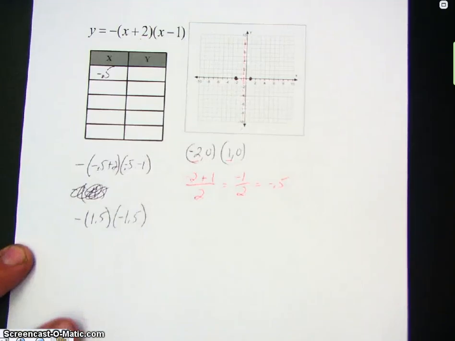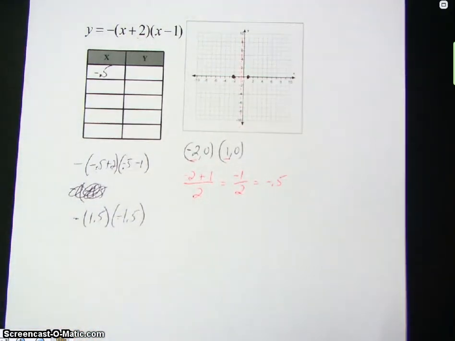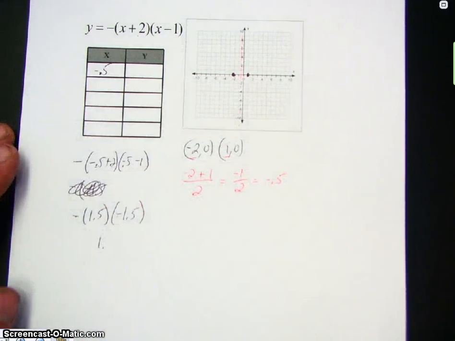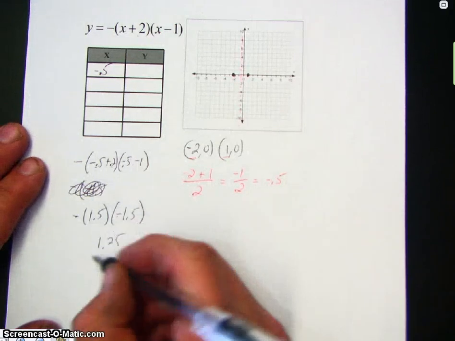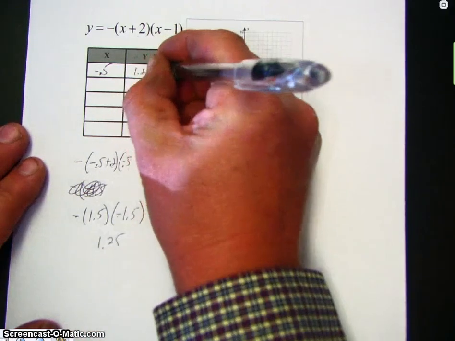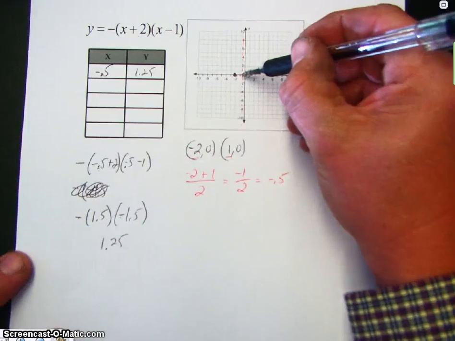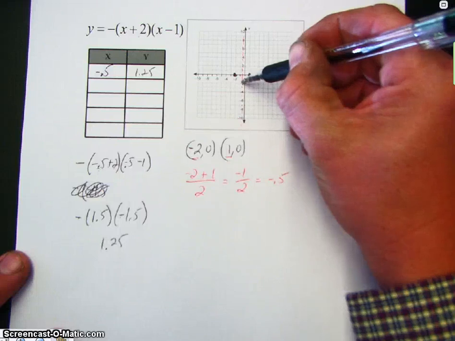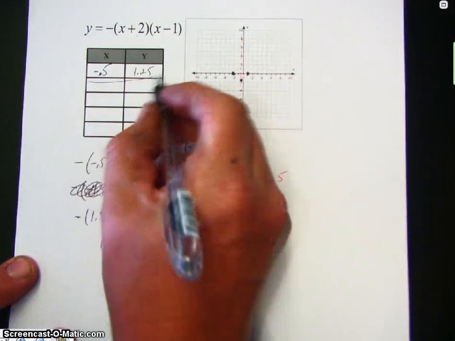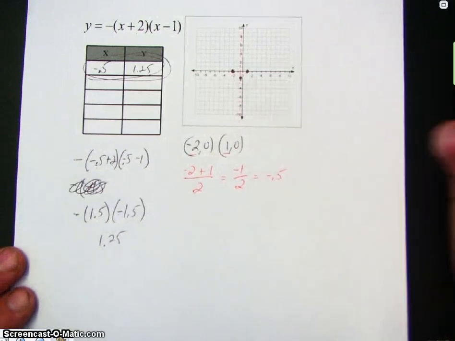A negative times a negative is positive. 1.5 times 1.5 is 2.25. That is correct. So we estimate. Here's 1 and just a little bit past it. So you just put it approximately. As long as I see this, and you have your point somewhere close to it, I'll give you credit for it.